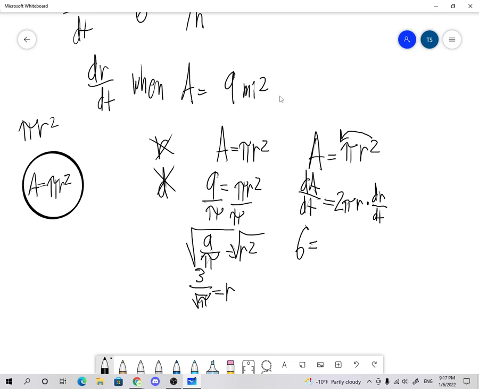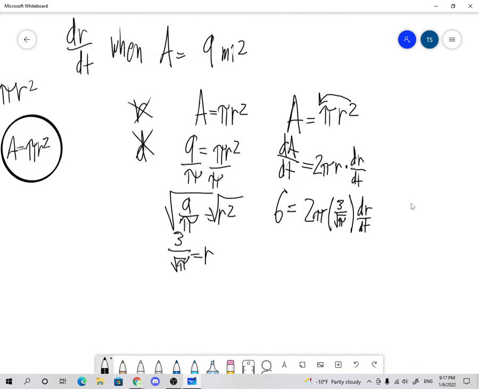And we also found what r is. r is 3 over square root of pi. So I'm going to also substitute that in, 3 over square root of pi. And then I'm just going to leave dr dt on this side. Okay, so now I need to simplify, because obviously we're solving for dr dt. So I need to make things much easier for myself to solve.